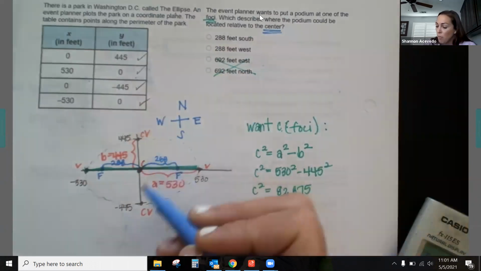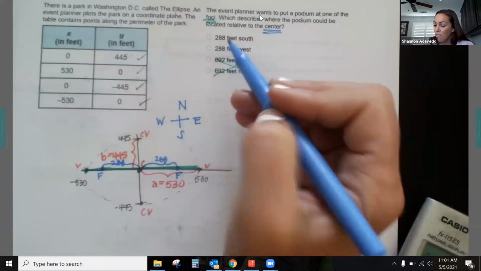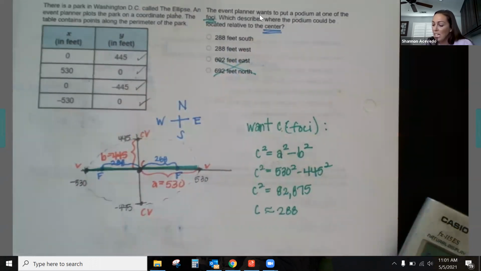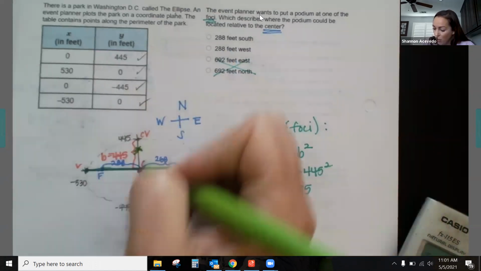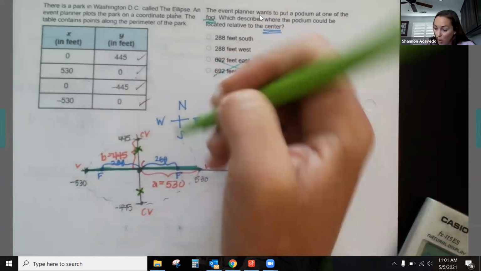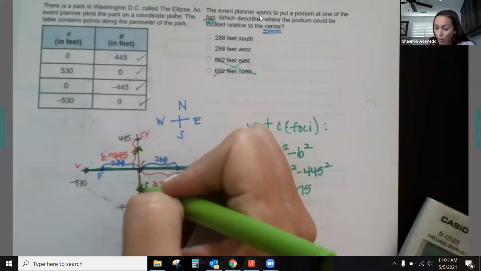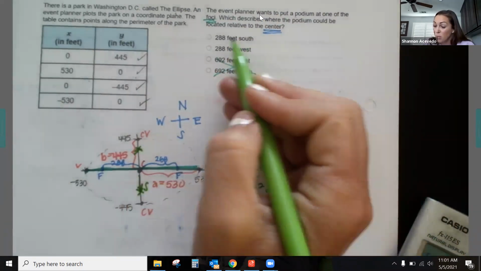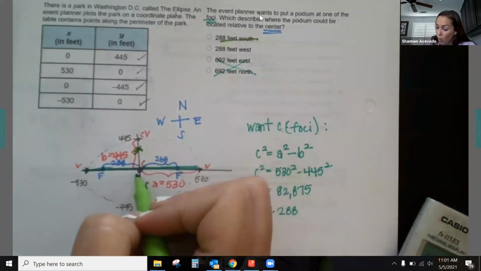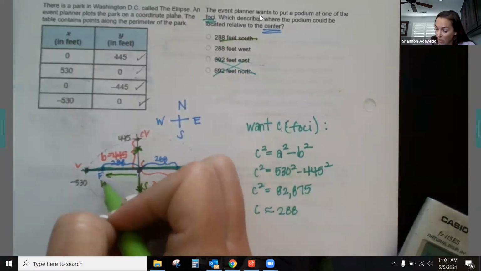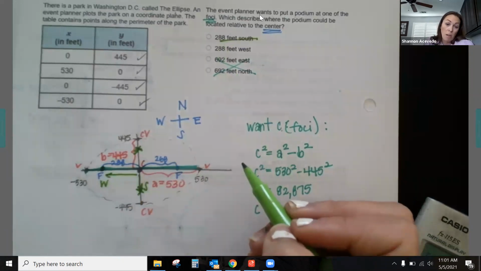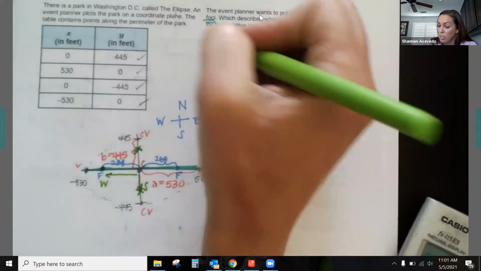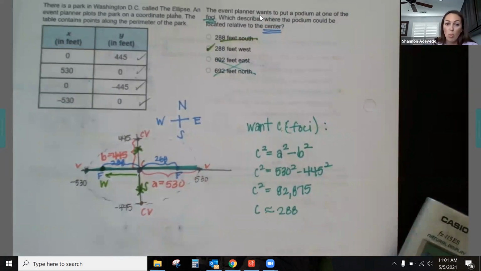So when I look here, if I'm going to go 288 feet south, that would be down here. South is going down, so this would be south. So it's not south. And if I look here, if I go west, west is this direction, and I would get to my podium, my foci there. So this is correct. So I needed to look at the direction here.